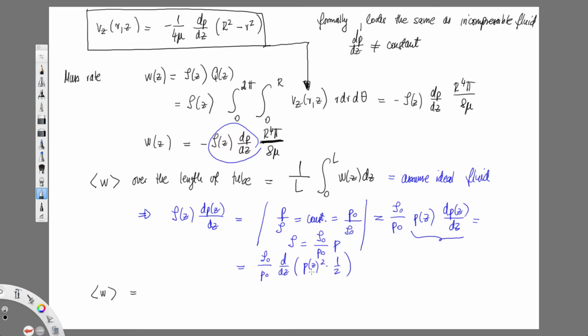And this, when I integrate, is basically just this function at the ends 0 and L divided by L. So what I'm going to have is minus rho 0 over p0 r to the 4 over 8 mu times 1/2 and then p0 squared minus pL squared divided by L.